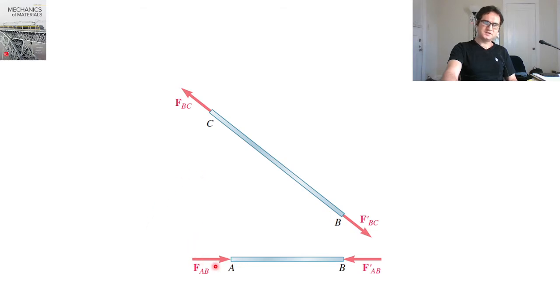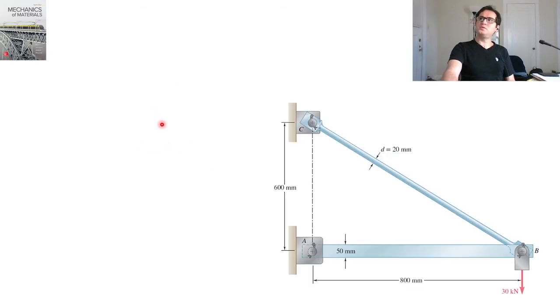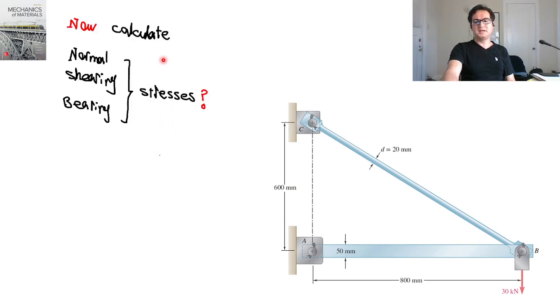As you can see in this figure, AB is a compression member and BC is a tensile member, due to the direction of the forces we just calculated. If you want to go a step further, after knowing the forces, now we want to know the stresses, including normal stress, shearing stress, and bearing stresses in either the links or the joints.